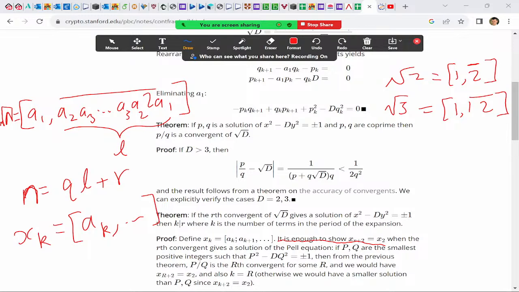Okay, they're obviously using a different r to us. So we're using n.